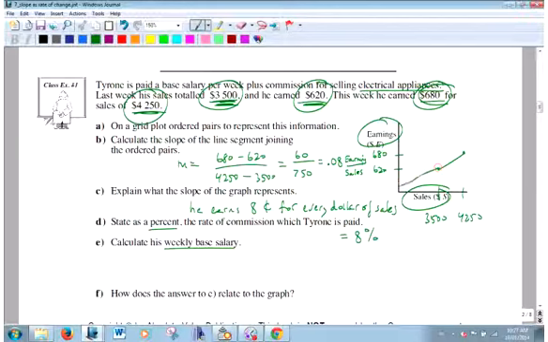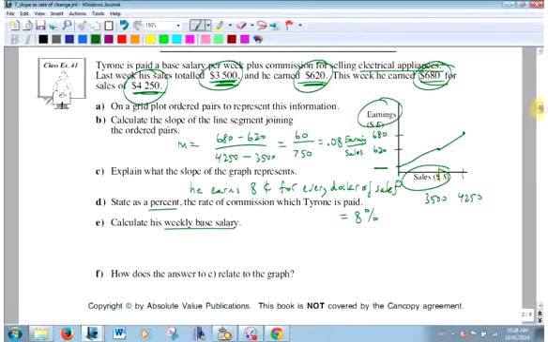If I draw that line poorly over to the side, there is some point where you got $0 in sales, but he still has some money to bring home. Okay, that's what a base salary is. He gets paid salary plus commission. Okay, this isn't enough to live on, but at least it's something.